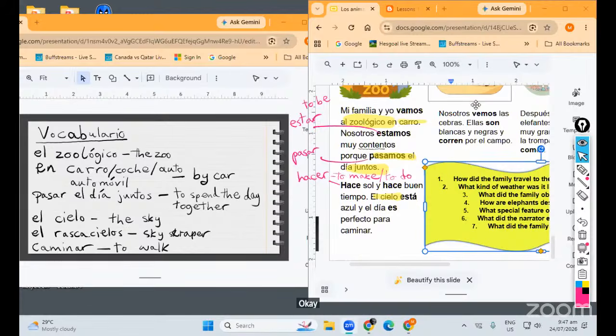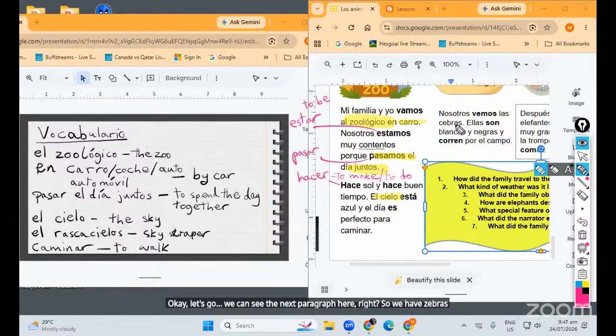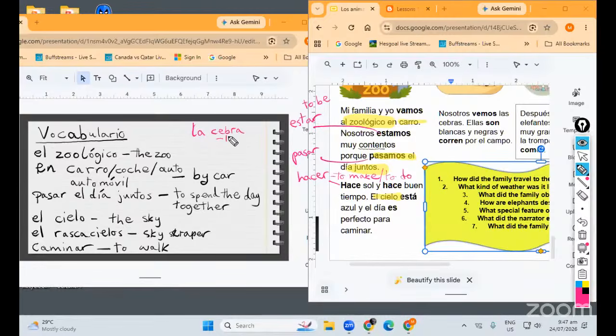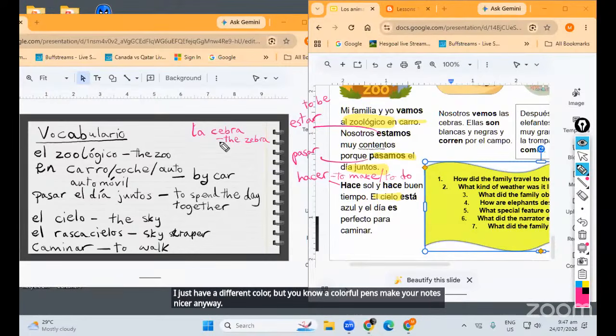Okay, let's go. We can see the next paragraph here, right? So we have zebras. We could say la zebra. I just have a different color, but colorful pens make your notes nicer anyway. And the other one I want to point out is, but I feel better.